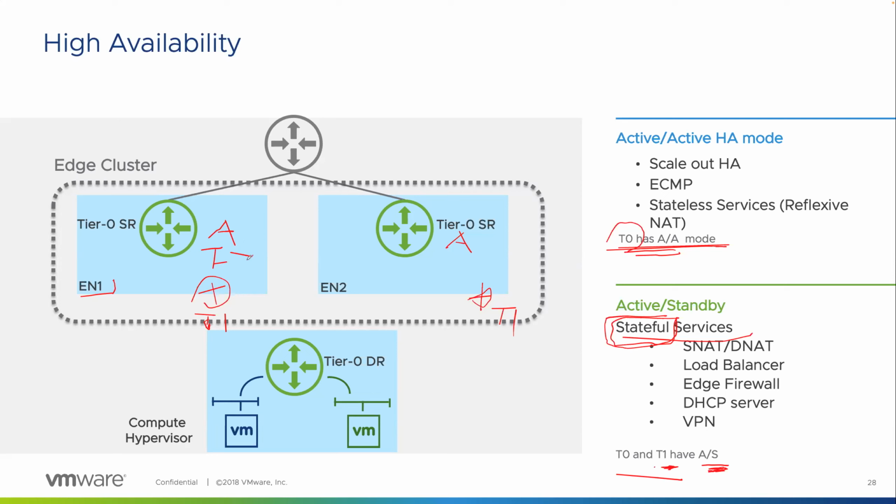If you put this stateful firewall onto active mode, it doesn't work, because traffic goes out via this T1 SR, and the reply traffic will go through another T0 SR. That one has no session table, so every reply traffic will be blocked.